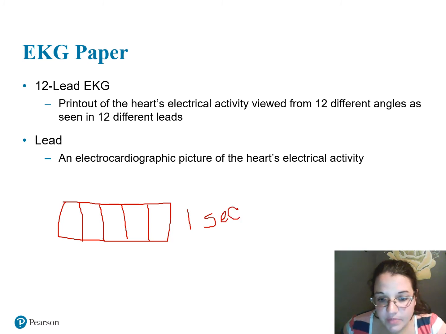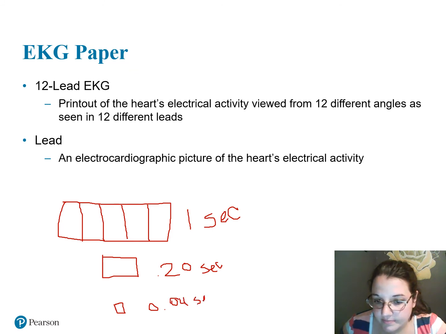If you have just one of these big boxes, this is going to equal 0.20 seconds. And if you have one little bitty box, this is going to equal 0.04 seconds. This is going to be measuring your time horizontally, your intervals.